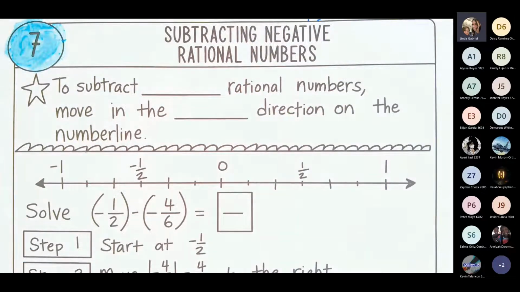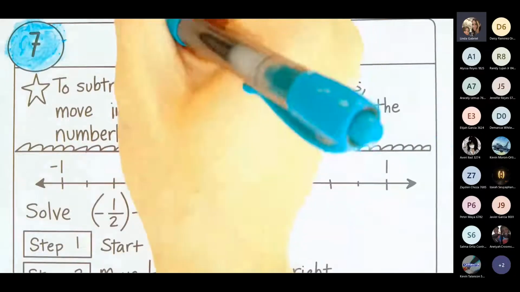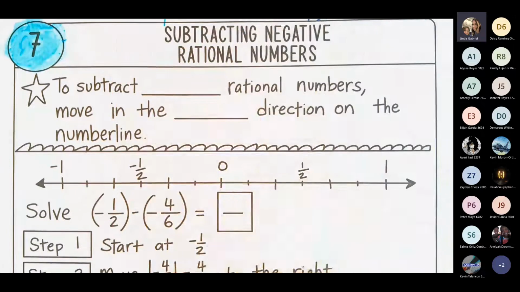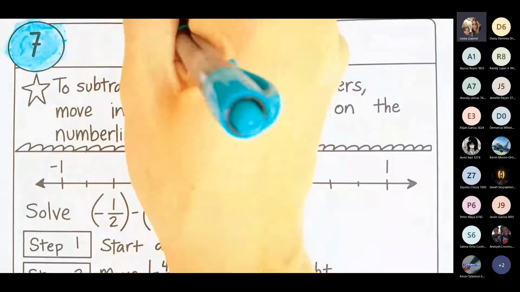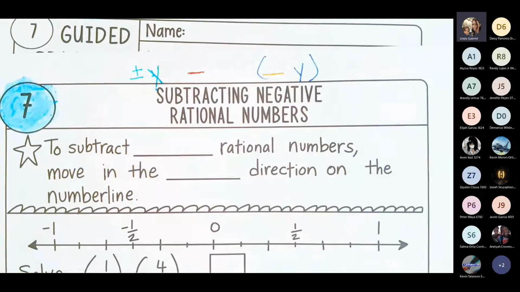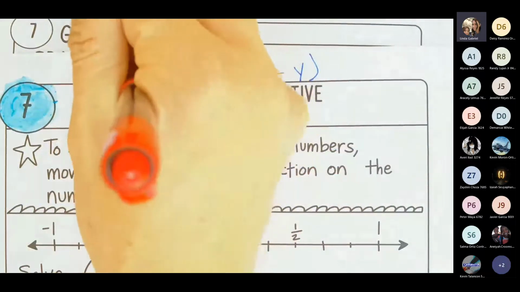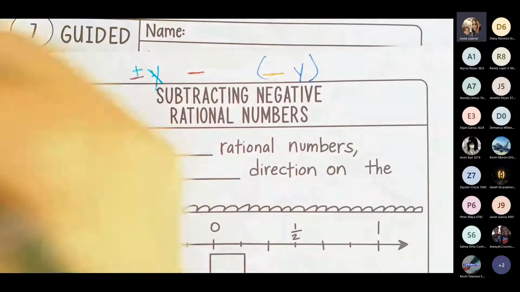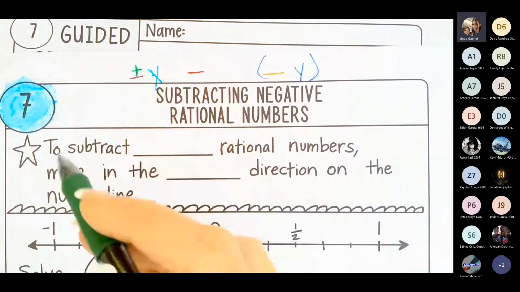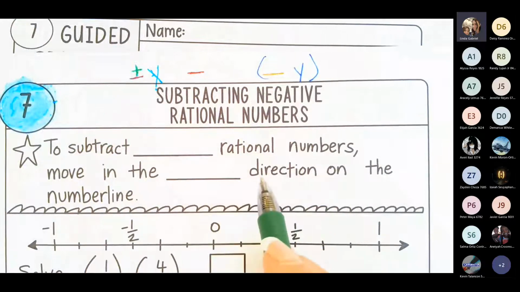What I want you guys to really pay attention to is, if I am subtracting a negative rational number, that means my first rational number, let's see, it's x. We don't know what it is. It could be negative or positive. It doesn't have to be one or the other. The rule will remain the same whether we start on the negative side of the number line or the positive.